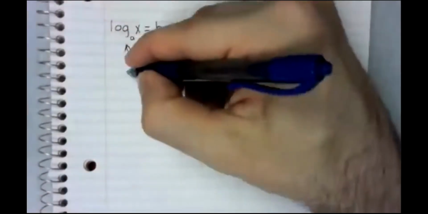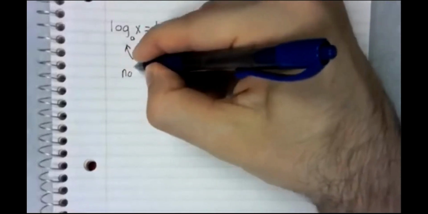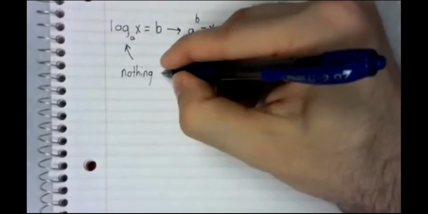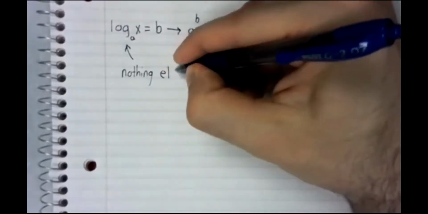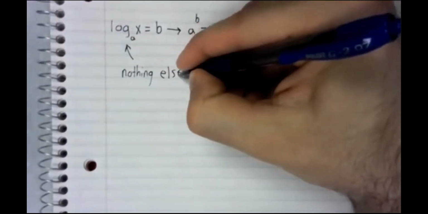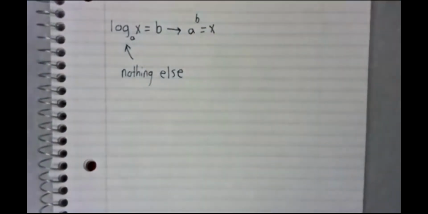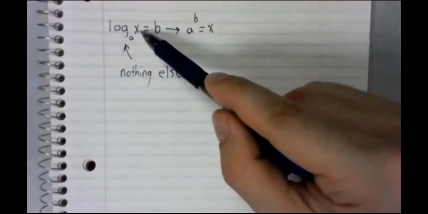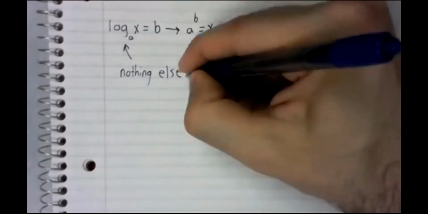For that to work, though, we need to have nothing else on the side of the equality that has the logarithm on it.